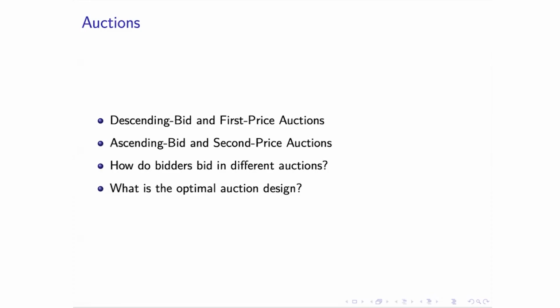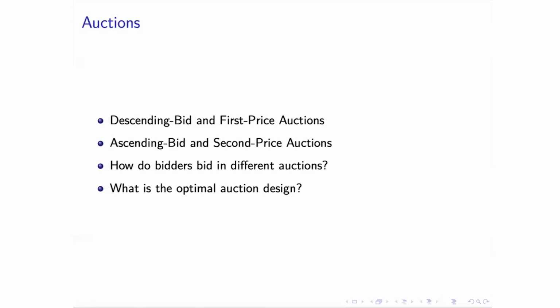We'll see a result showing that in a second price auction with independent private values, it is dominant for the bidders to bid their own true value. In which case, again, if you had 10, 20, and 30, the person with the highest bid, which is 30, would get the item for a price equal to the second highest bid, which is 20. So you can see the similarity there.